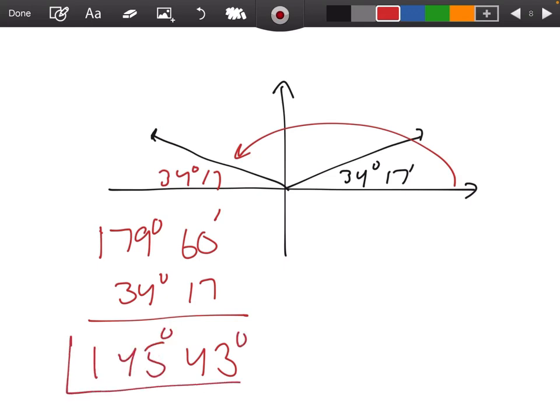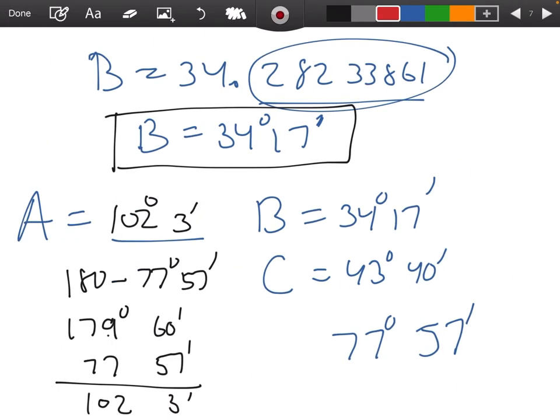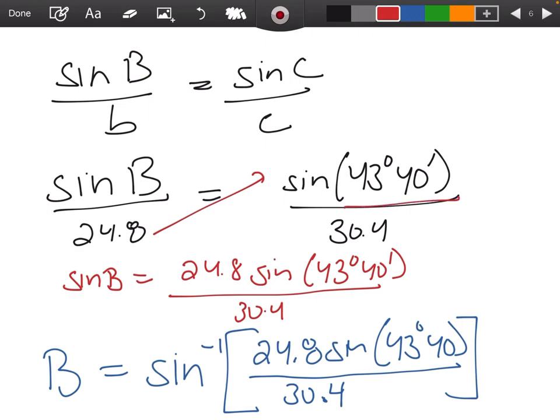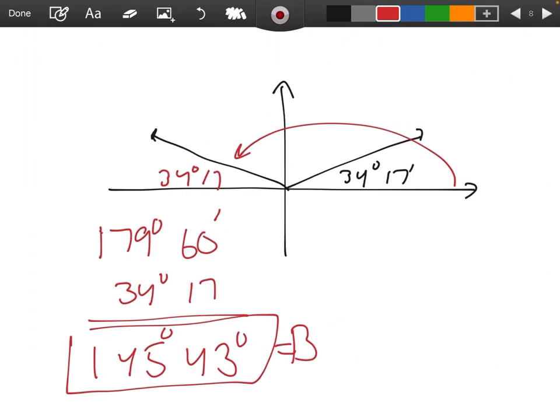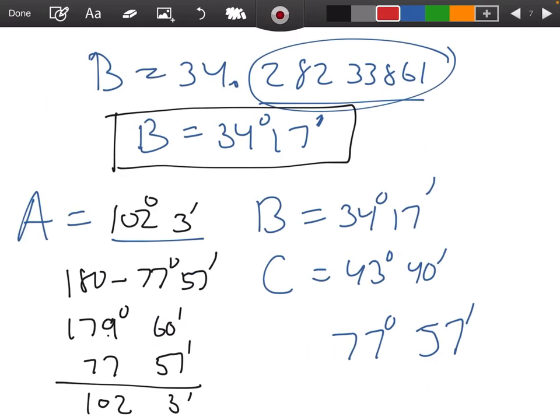That would be the other possible angle for B. But because our angle for C was already 43 degrees, 40 minutes, if I add those angles, I'm coming up with a number bigger than 180.